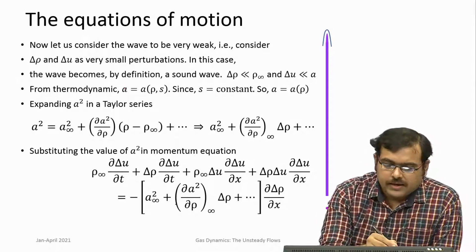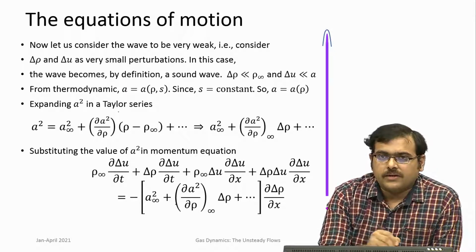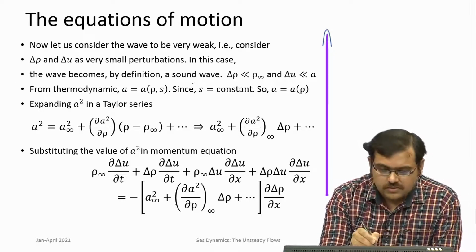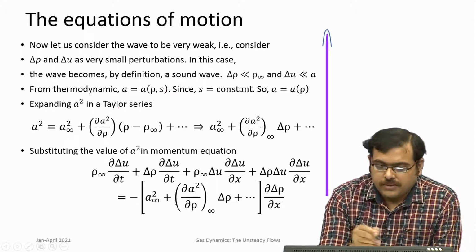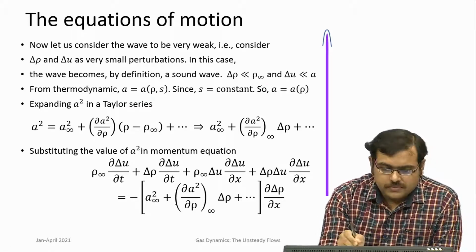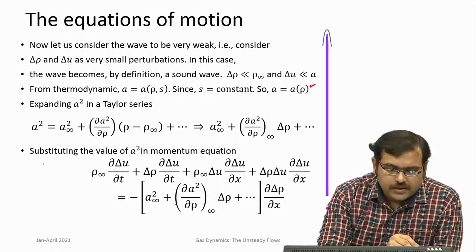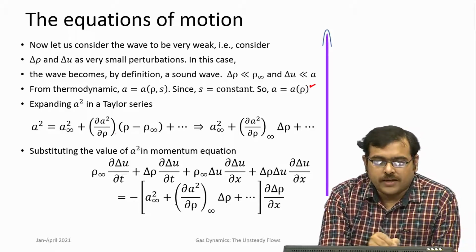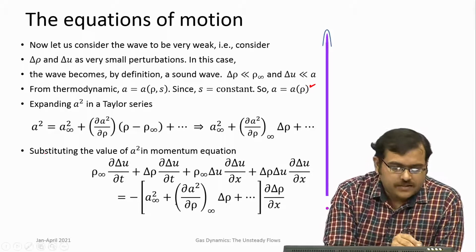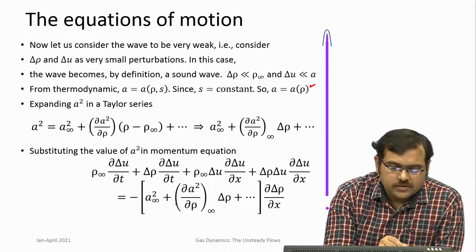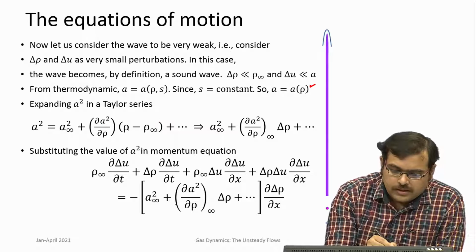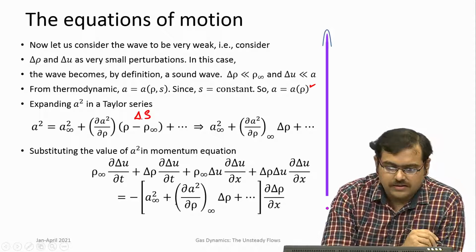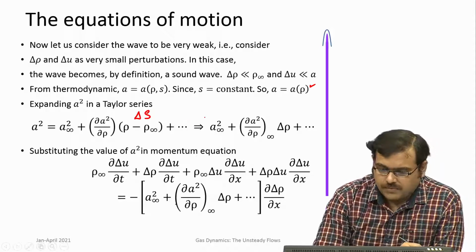Now, a, that is the speed of sound, is a thermodynamic quantity. It can also be written as a function of density and entropy. Since entropy is constant, it becomes a function of density, and it can be expanded by a Taylor series: a squared is a infinity squared plus ∂(a squared)/∂rho times (rho minus rho infinity), which is basically delta rho, and higher order terms which are very small.